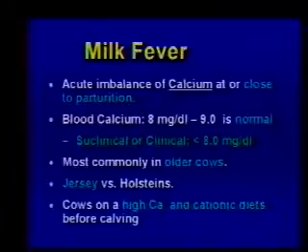But a newer concept of the etiology of this disease is the fact that many of these dairy cows, before calving, that is, during their dry period, 3 to 8 weeks before they calve, are eating a diet which is high in cations, that is, in sodium and potassium.